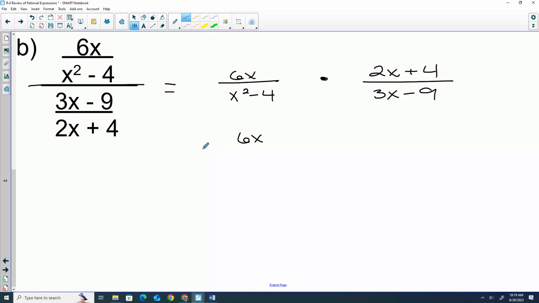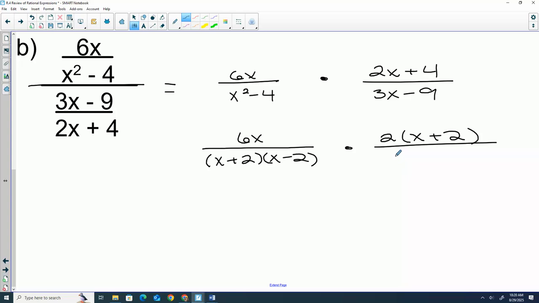Then we factor. What can we do with x squared minus 4? 2x plus 4. Two, and the denominator 3x minus 9 has a GCF of 3.